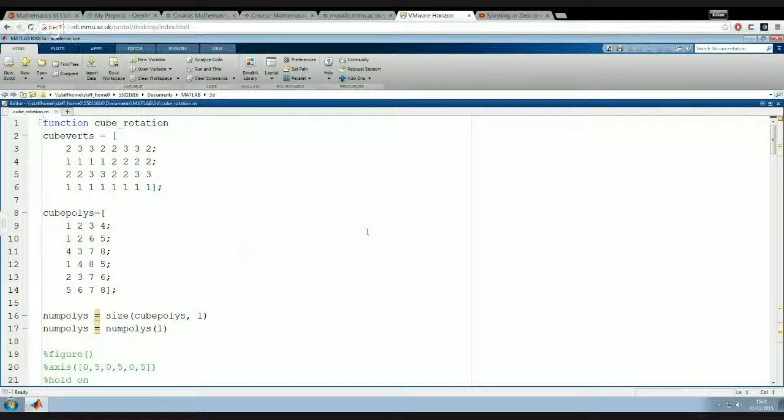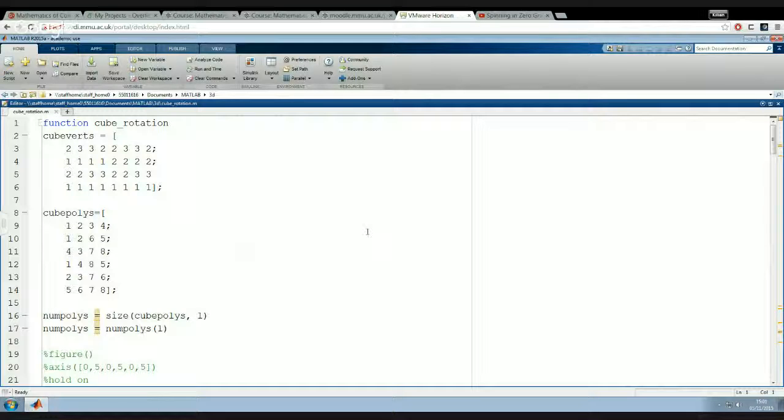Its x coordinate is 2, its z coordinate is 2, and it's at height y equals 1. So 2, 1, 2, 1 are the homogeneous coordinates of vertex 1. The other 7 vertices, you can similarly read off their coordinates. So that fully specifies the cube.